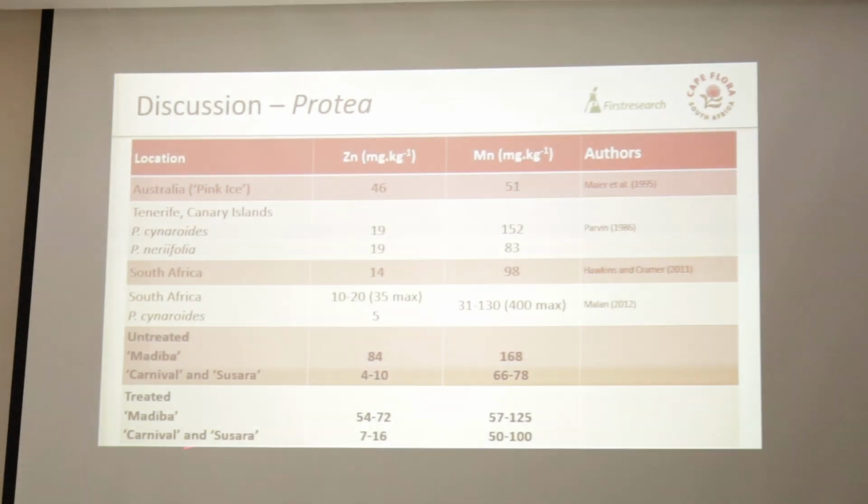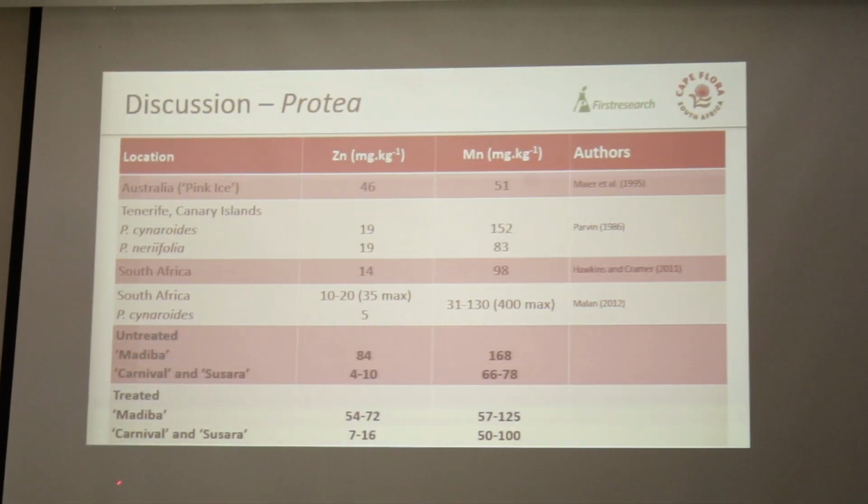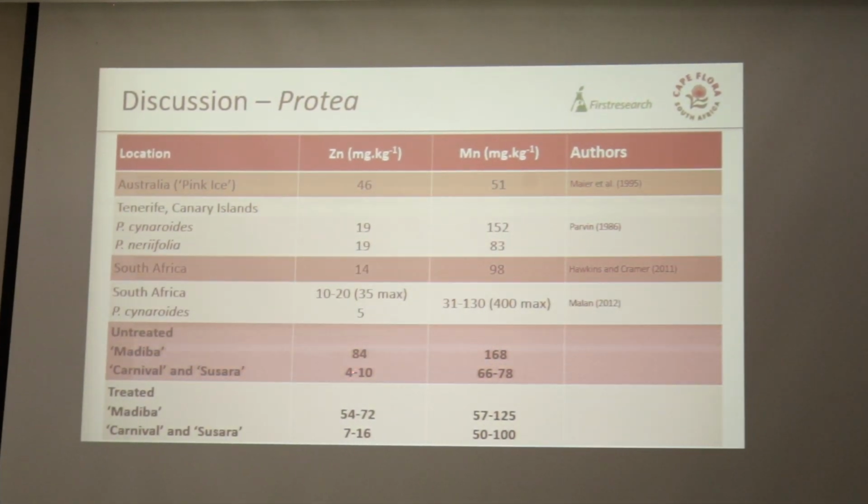And then that's just for the Proteas. So the Madiba definitely differs from the other ones, and we're also going to split that in our project in South Africa. But what's interesting here also is that the Madiba was much higher than any of the others. And some others, there's a 5 there and a 19 there for Cineroides that was published previously.